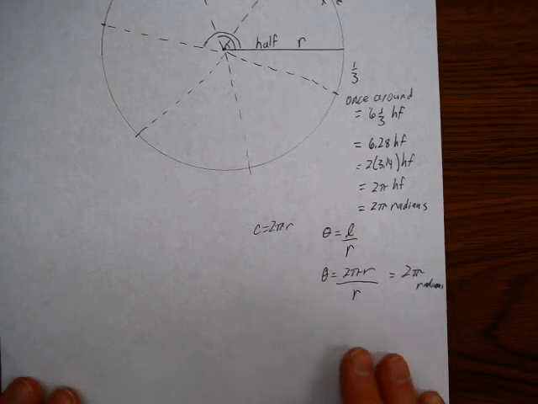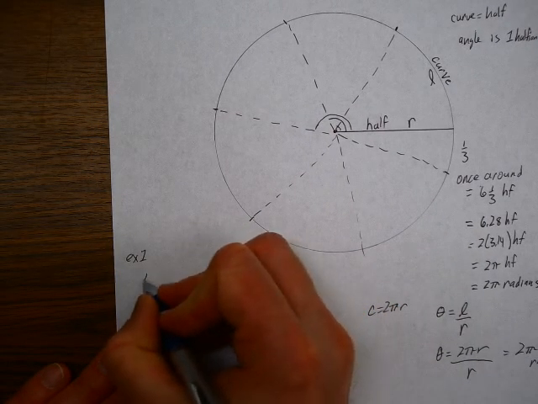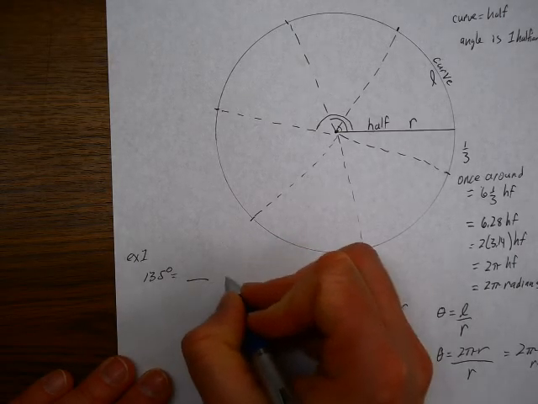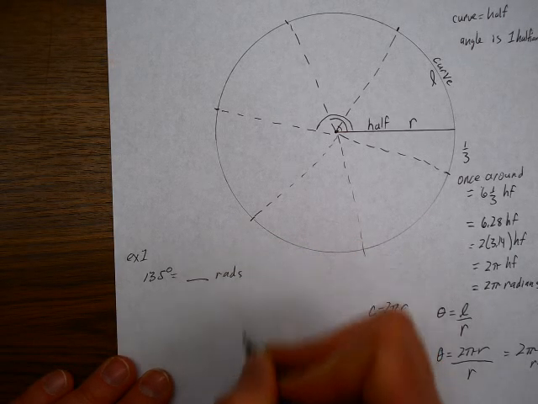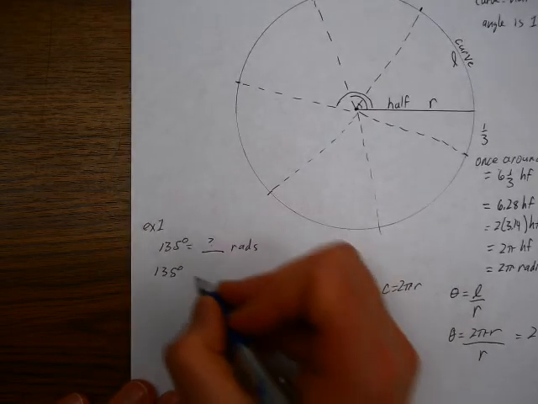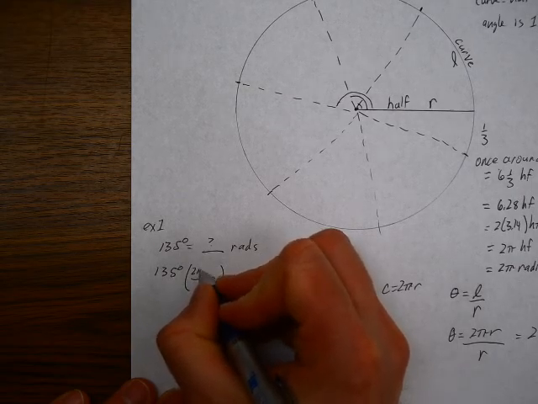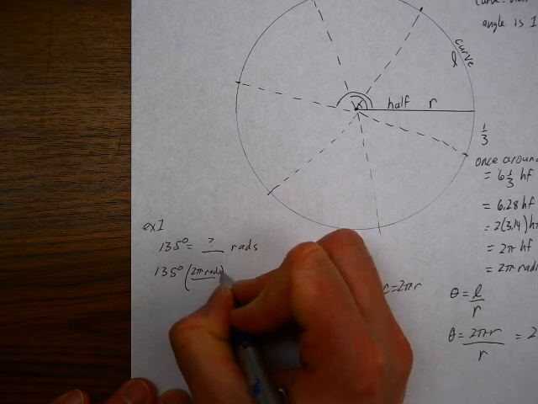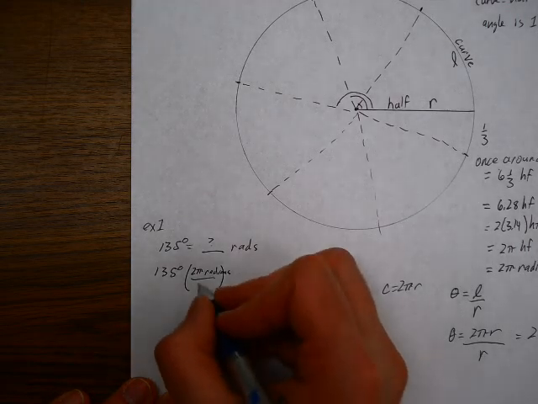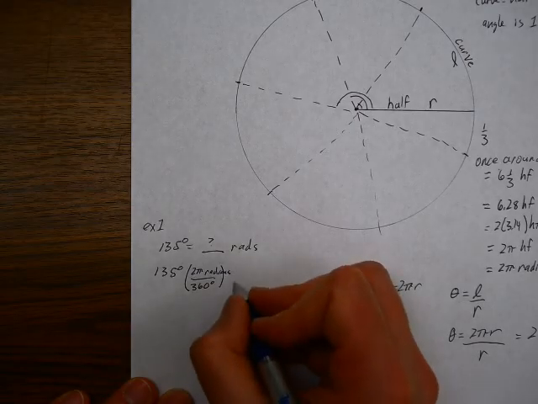So let me give you a couple of examples here. If I have 135 degrees, then how many radians is that? Well, I take 135 degrees and I say to myself, once around the circle is 2 pi radians, or 6 1/3 halfians or so, and that is also equal to 360 degrees.